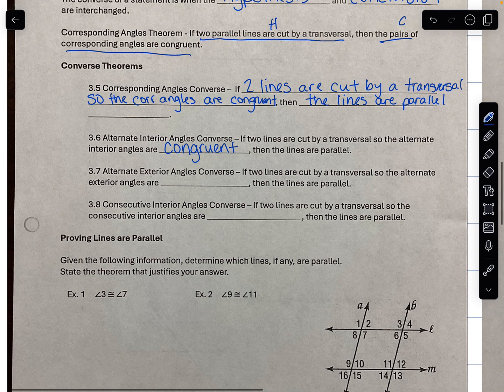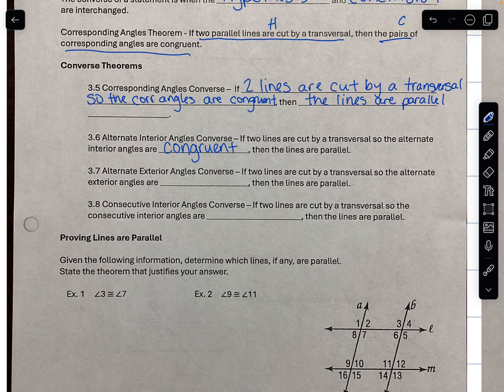Essentially on each of these. Same thing with alternate exterior angles converse. It says if two lines are cut by a transversal, so the alternate exterior angles are what? What would those angles also have to be? They would also have to be congruent. Then we can say the two lines are parallel.